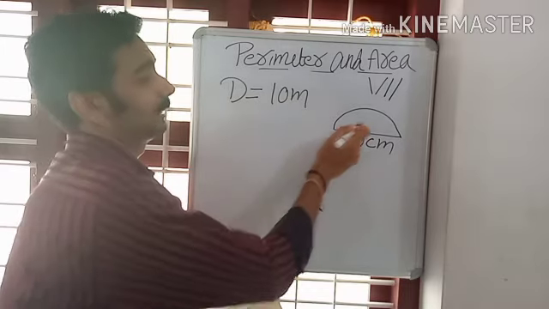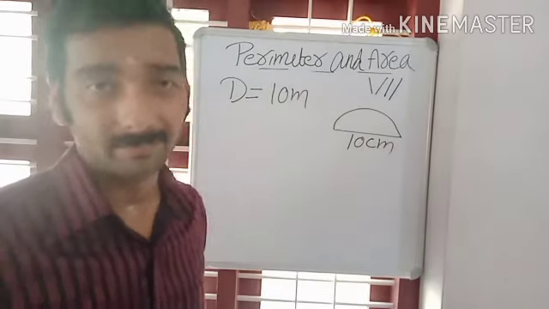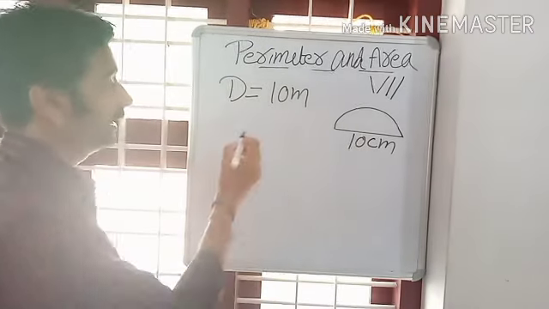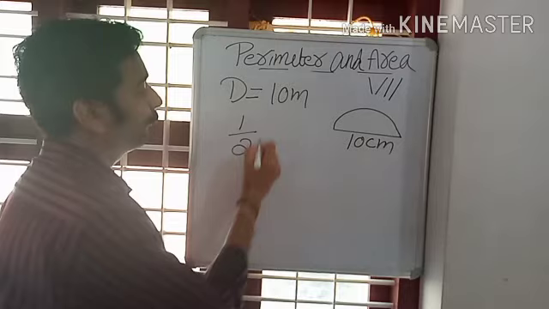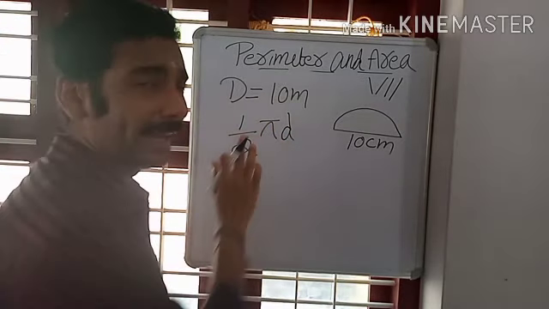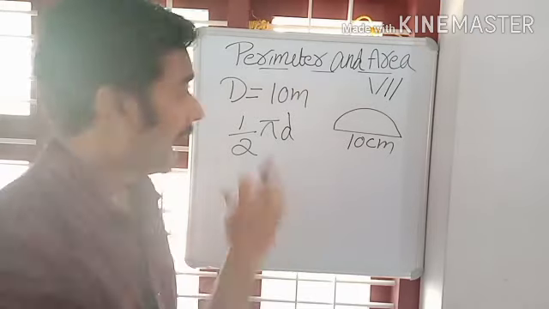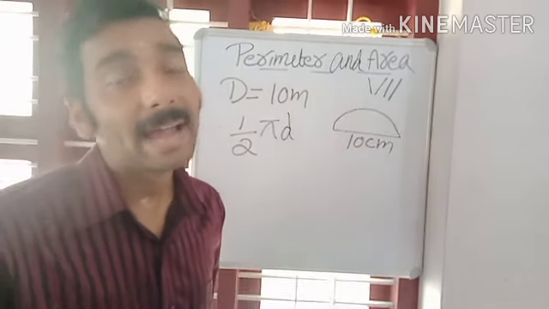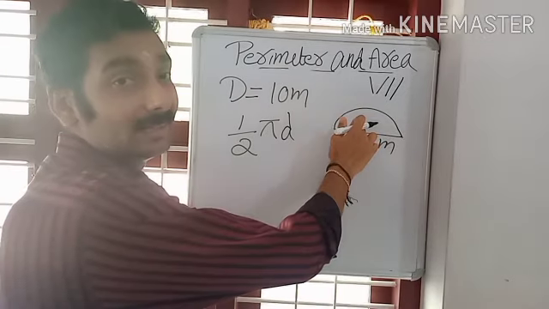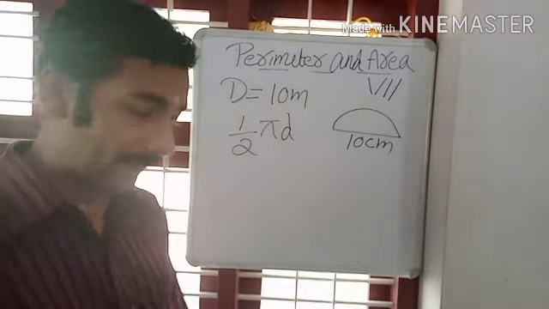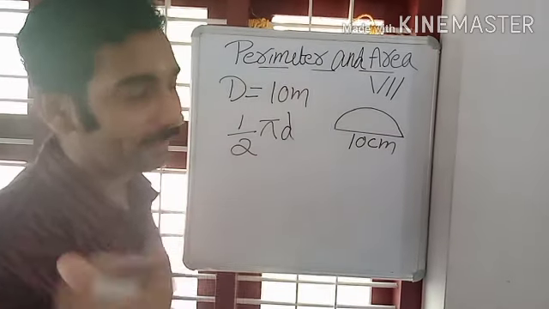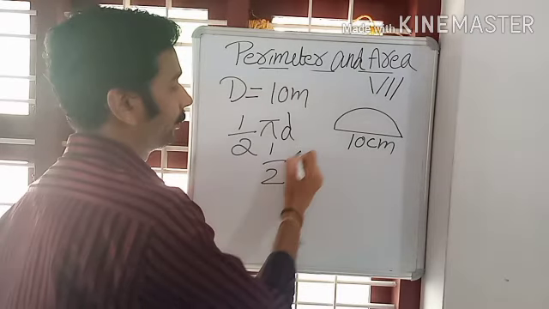This one is a semicircle. For a semicircle, the formula is half pi d, or pi d by 2. Both are the same. Then the value of pi is 3.14.